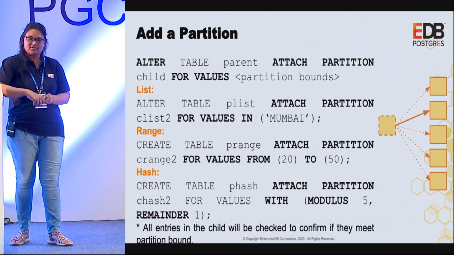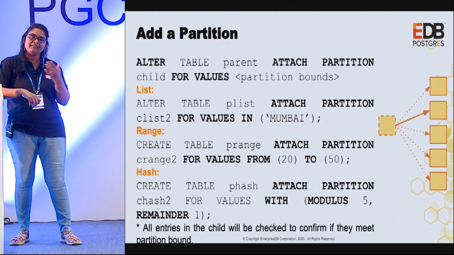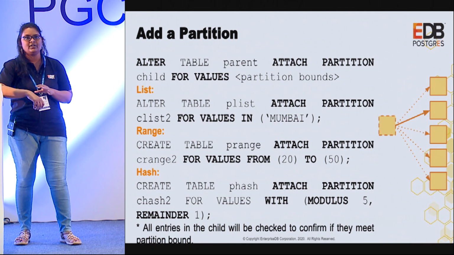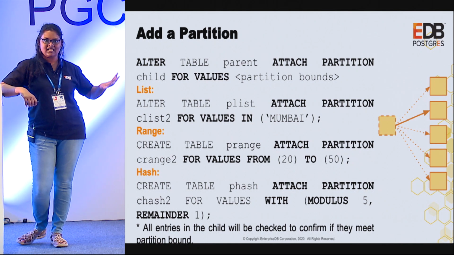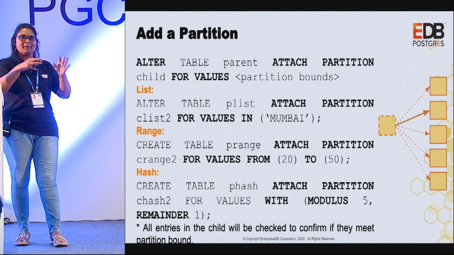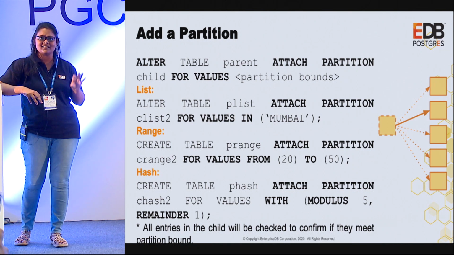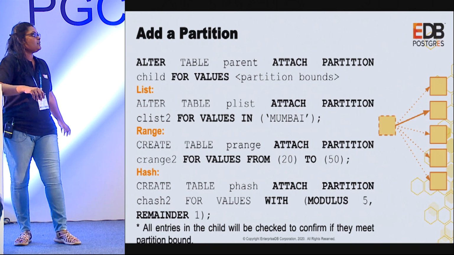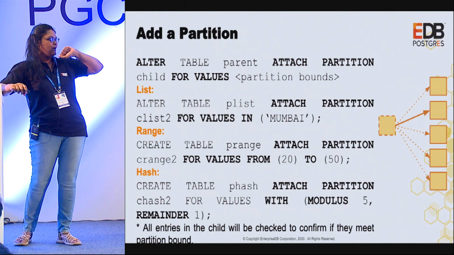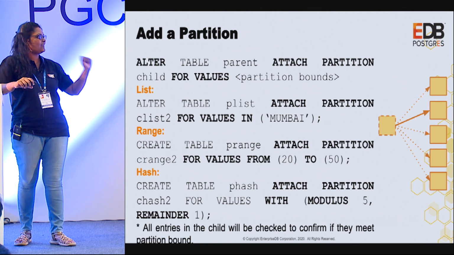You might already have a table which contains particular data, and you would like it to be a partition of another, already partitioned table. You don't need to copy the data again or anything. You can simply add the table to the partitioned table as a new partition. That is where the ATTACH PARTITION statement helps.